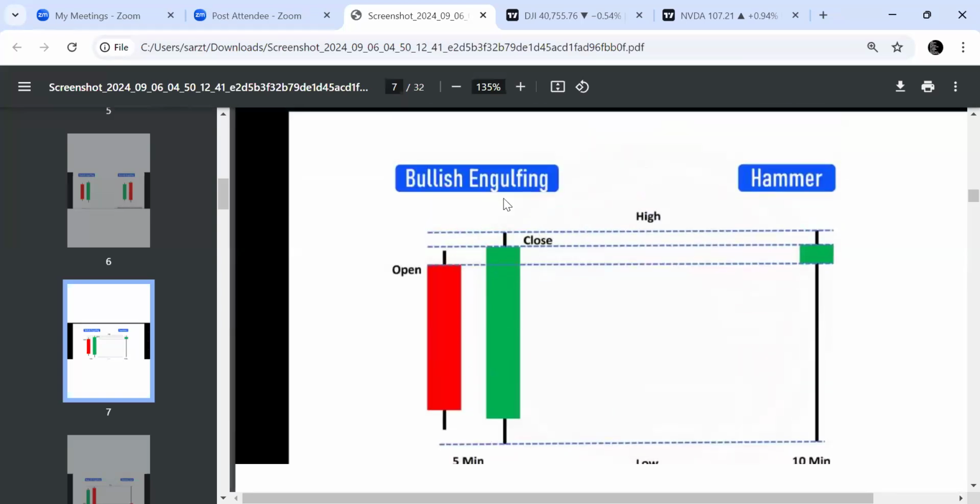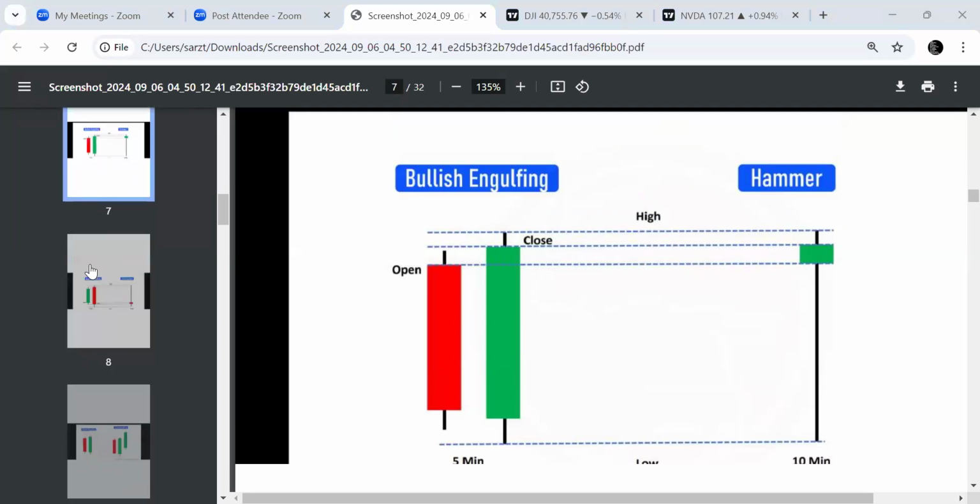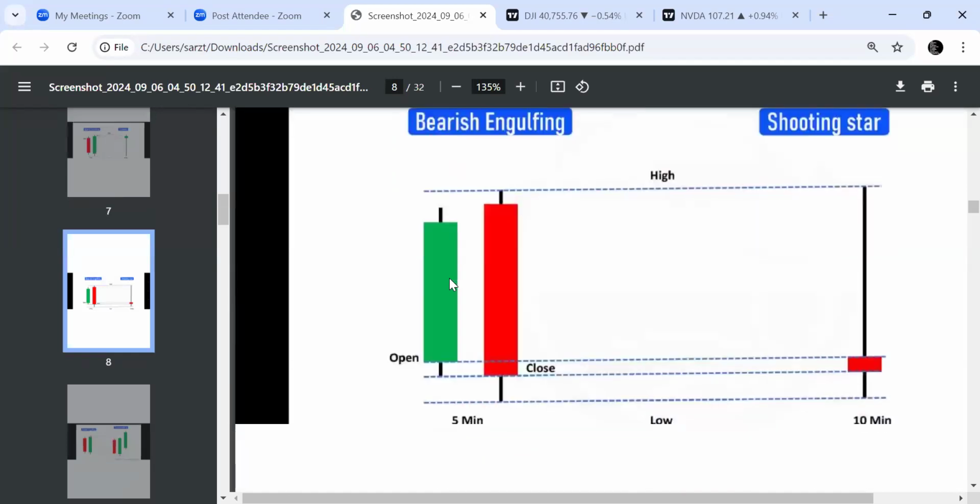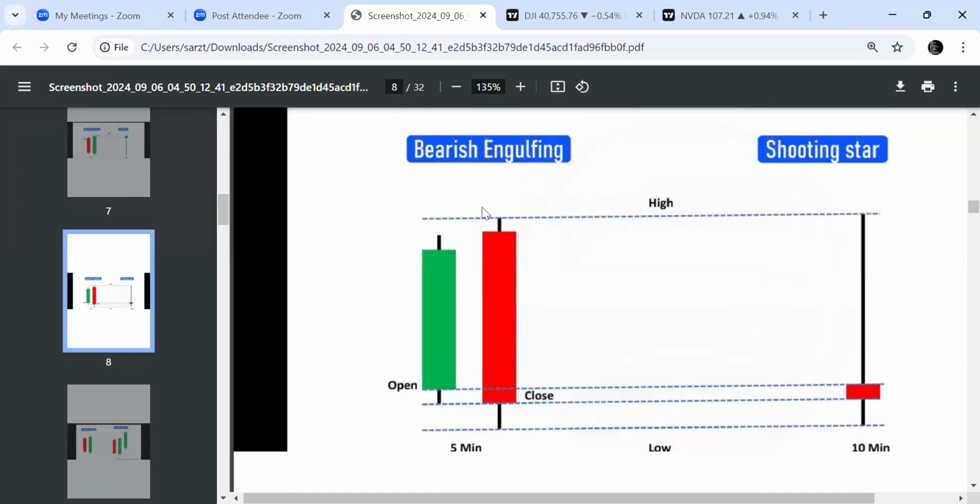So if a bullish engulfing pattern forms, if we see it in the higher time frame, we can see this as a hammer. And again, if we are seeing the bearish engulfing pattern, for example, in the 5 minute time frame, then in the 10 minute time frame we can look at the shooting star.